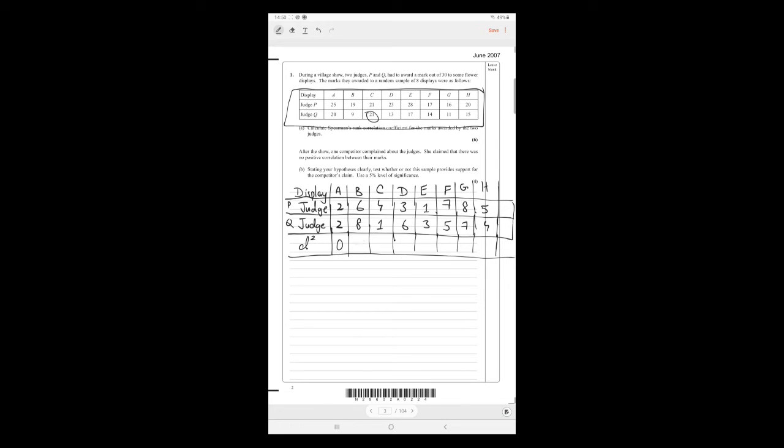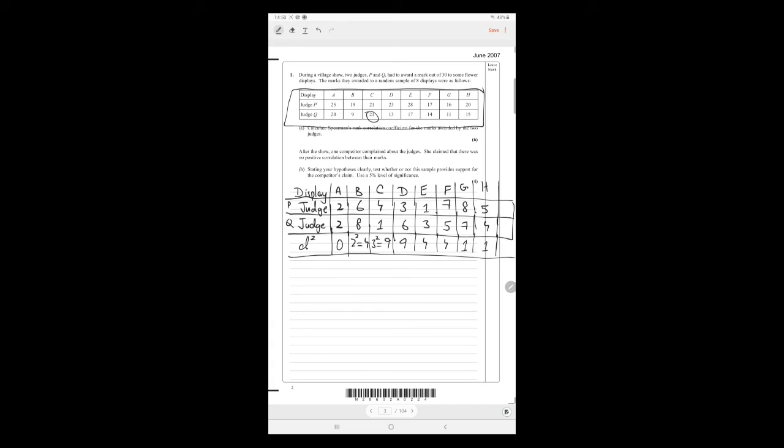And you square that, 2 squared is equal to 4. Then for C there is a ranking difference of 3, so 3 squared is 9. Similarly for D, ranking difference of 3, so that's 9. For E, there's a ranking difference of 2, 2 squared is 4. For F, again, 2 difference, so square is 4. 1 difference for G, square is 1. 1 difference for H, square is 1.